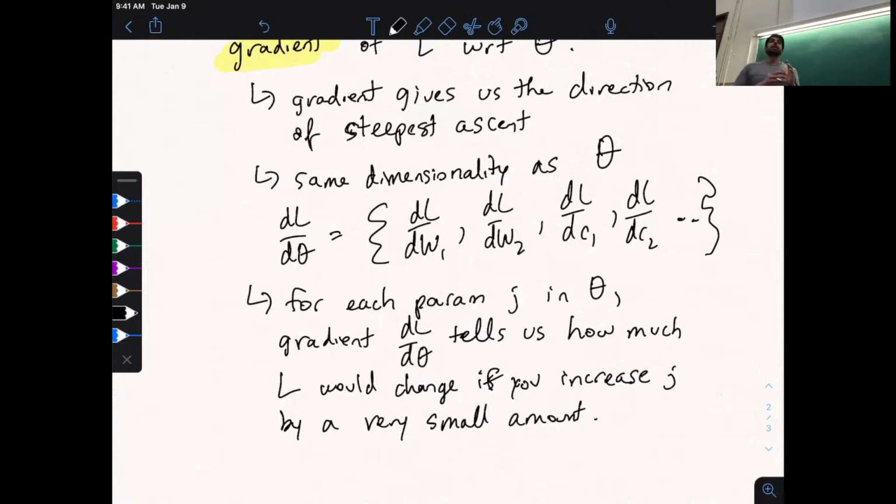So remember, we talked about that weight matrix W sub 1, let's say it was a 4x3 weight matrix. The gradient, the partial derivative of the loss with respect to that parameter, is also going to be a 4x3 matrix. Each element of that matrix is telling you exactly this: how much the loss would change if you take a very small step in that particular value.